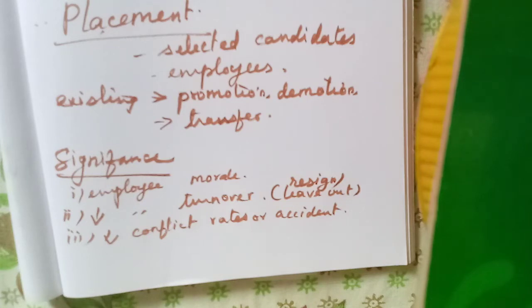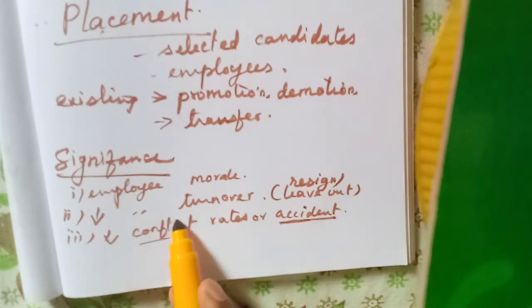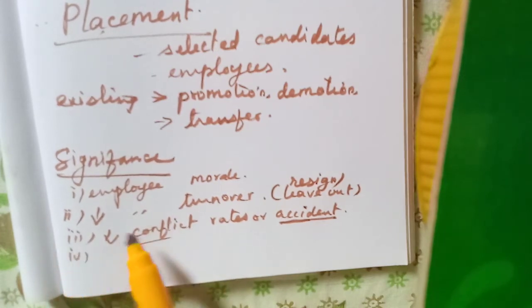If he has the talent, knowledge and understanding of the subject, he may know how to work in the organization, so there may not be any accidents, no conflicts or confusions will arise. It will reduce the conflict rates or accidents if we do the placement properly.